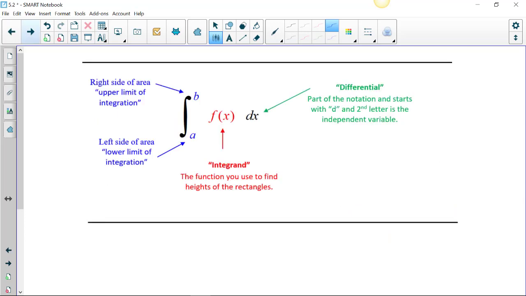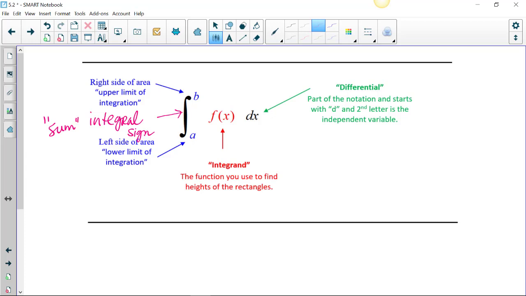Okay, so let's talk about what all this stuff means. First of all, we have this squiggly black symbol, which is called the integral sign, and its shape is kind of like a super skinny S, because it stands for sum, because we're summing up the areas of the rectangles.